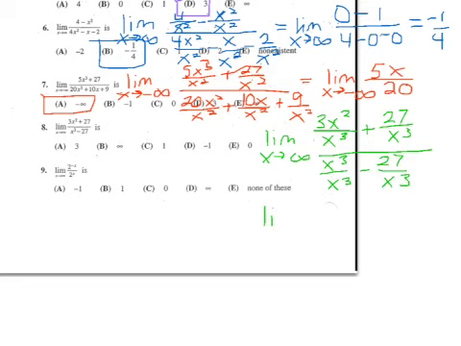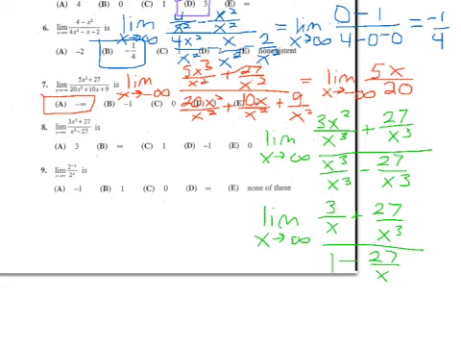So we have the limit as x approaches infinity of 3 over x plus 27 over x cubed over 1 minus 27 over x cubed. So this will be 0 over 1, which equals 0.